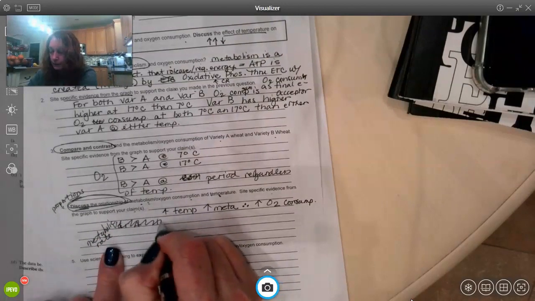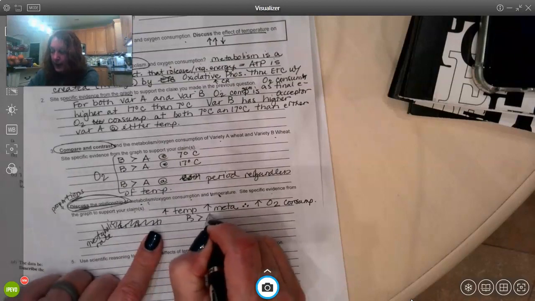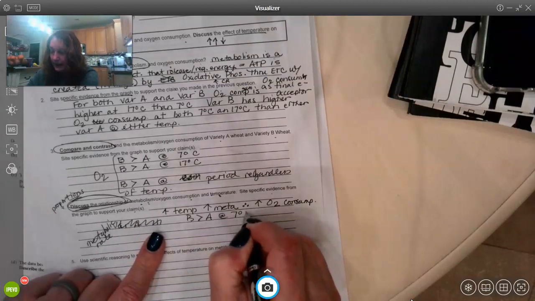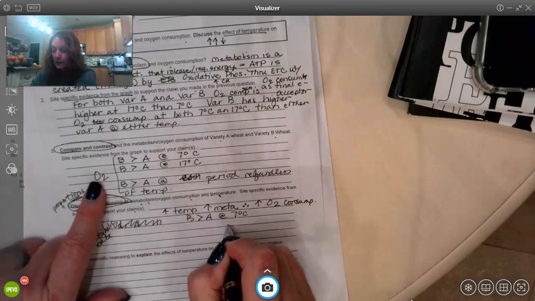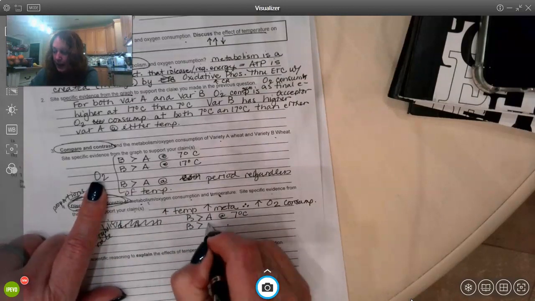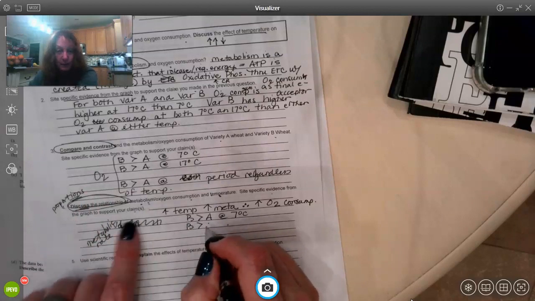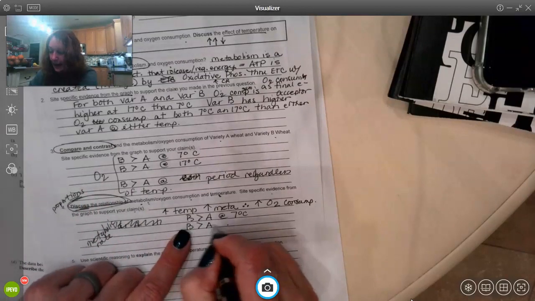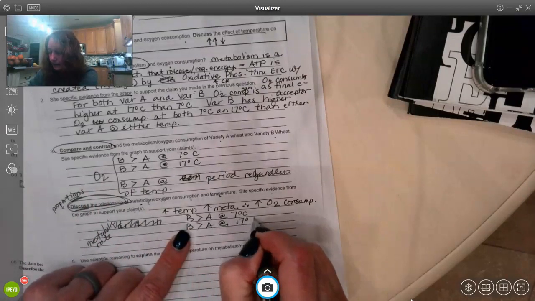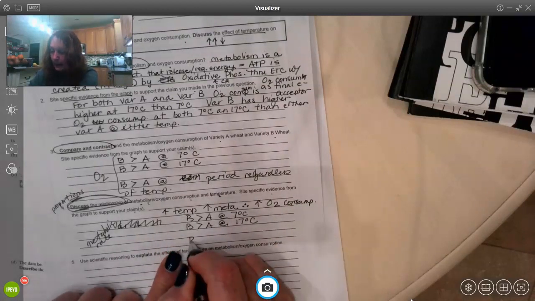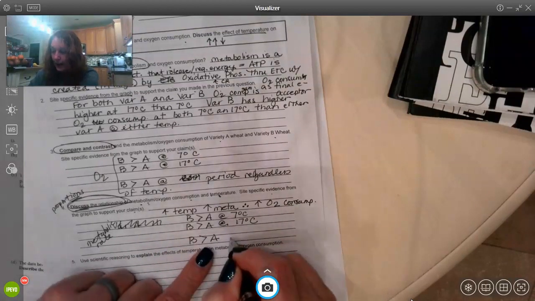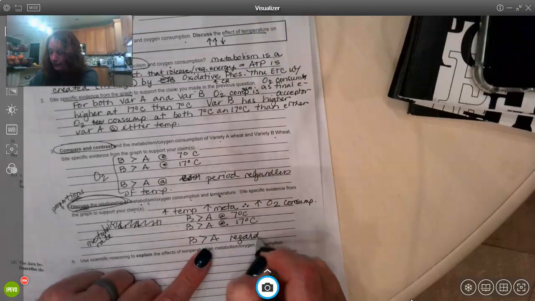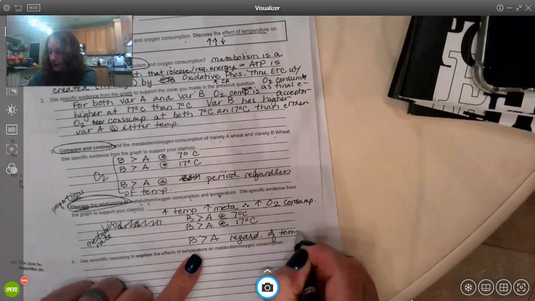So B is higher than A at 7 for metabolic rate as measured by oxygen consumption. B is higher, has a faster metabolic rate than A at 17 degrees, and then B is higher than A regardless of temperature.